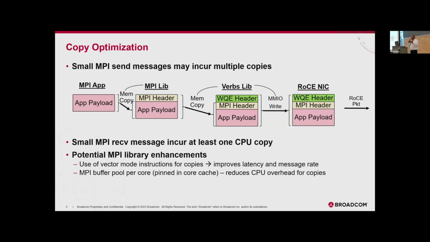If you have all these intermediate buffers pinned and locked to the cache on which your process is running, that'll really help with the copying operation. So these are some simple ideas that libraries can incorporate to reduce the cost of copy. So that's one area.